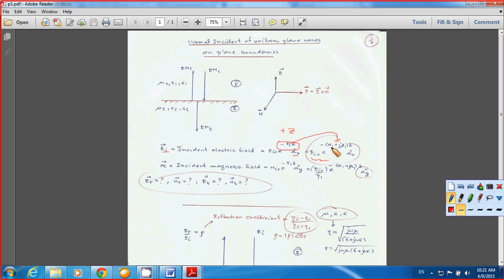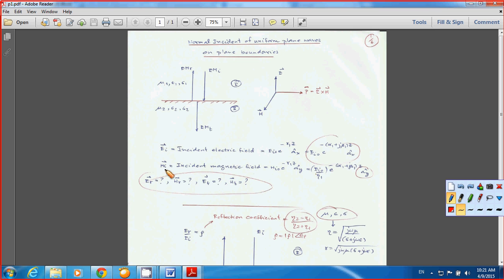It depends on alpha 1 when it gets deep into a medium, and beta 1 is going to tell you how much the phase difference is going to be. Okay, so there are so many things here that you can interpret from the field equation.